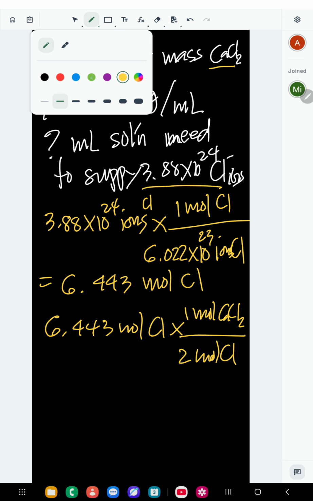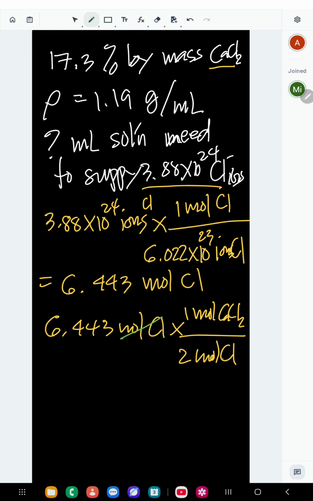Then the moles of chlorine cancel out because we are asked for the CaCl2, not the chlorine alone. So we divide by 2, and that's 3.2215 moles CaCl2.